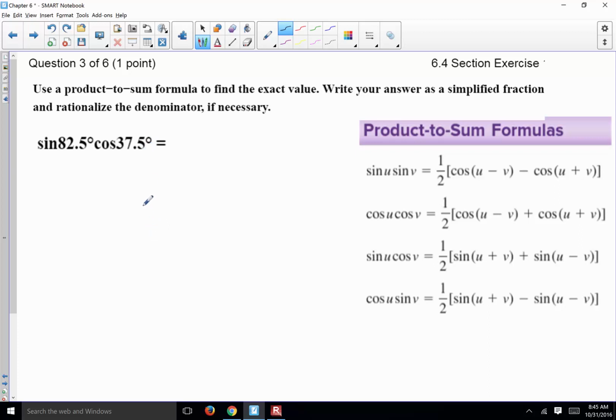This is actually a good example of why we need these formulas. Look, because can you guys compute 82.5 with hand calculation or tables? No. But when you change this into some difference formula, some formulas, they will be conveniently nice whole values, so you can compute them.